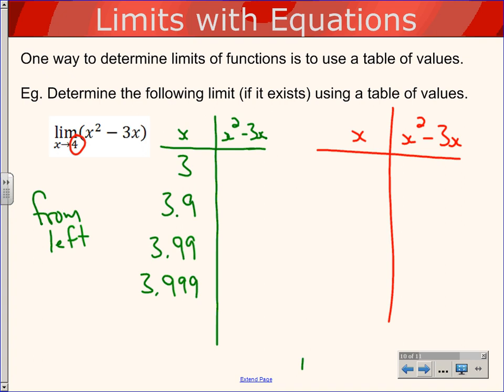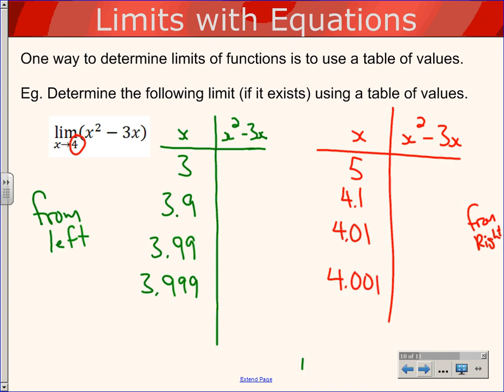On the right, which I'll do in red, now I need to get closer and closer and closer to 4, but I'm getting closer to 4 from the right-hand side, so I need a value bigger. So maybe I'll start with 5, and then I'll do 4.1, 4.01, 4.001. Okay?